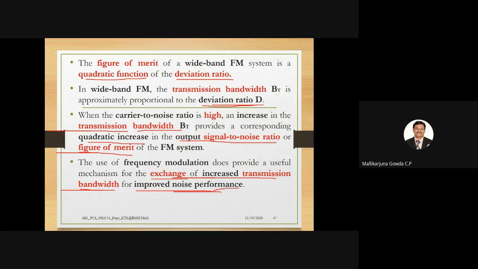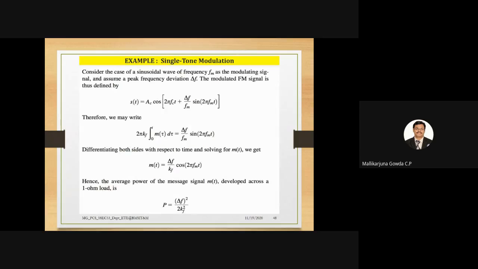Okay, so let us now consider the example of single-tone modulation. I am considering a sinusoidal signal having a frequency fm. This is the frequency of the modulating signal, and I can express the frequency modulated signal like this, right? s of t is equal to Ac cosine of 2 pi fc t plus delta f by fm, which is beta, into sine of 2 pi fm t, right?